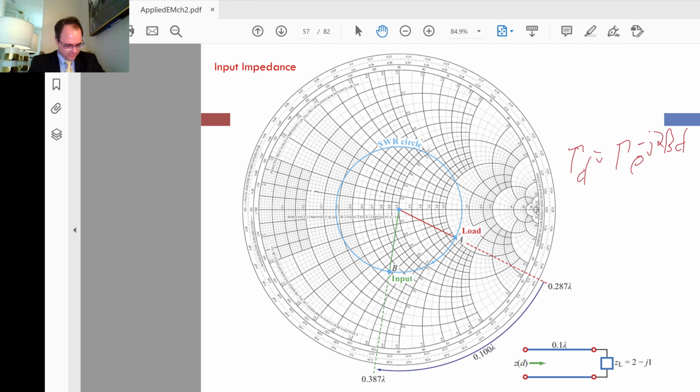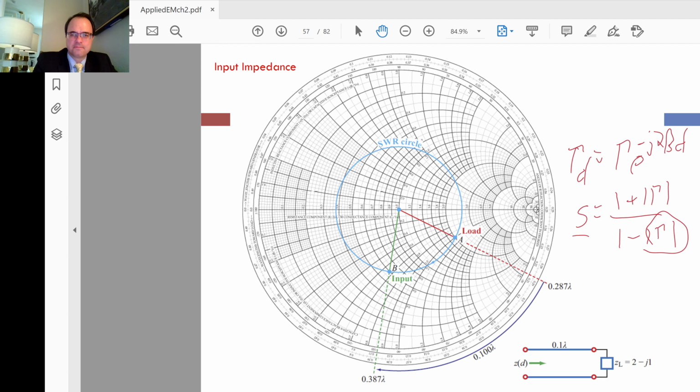If you'll recall, the standing wave ratio is given by 1 plus gamma over 1 minus gamma. All right. So when gamma is a certain magnitude, S as well will be a certain magnitude in this construction.